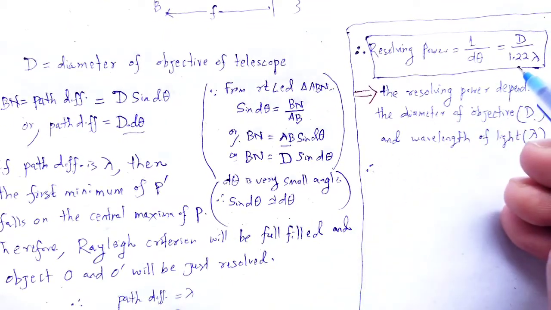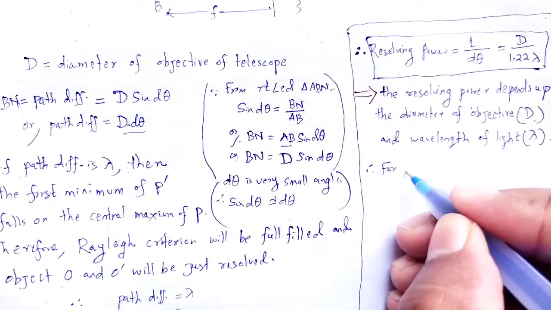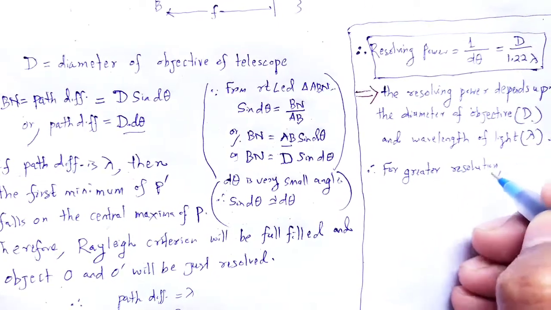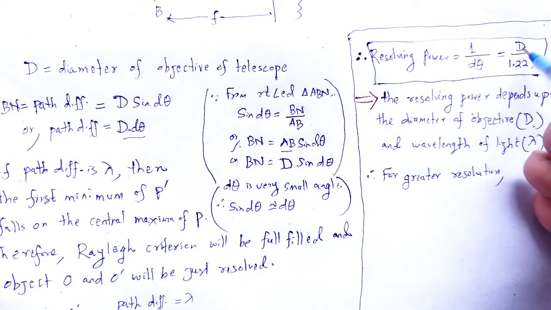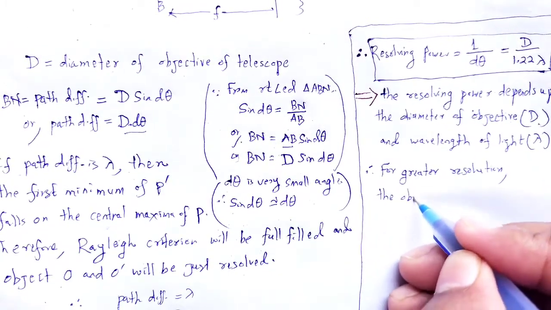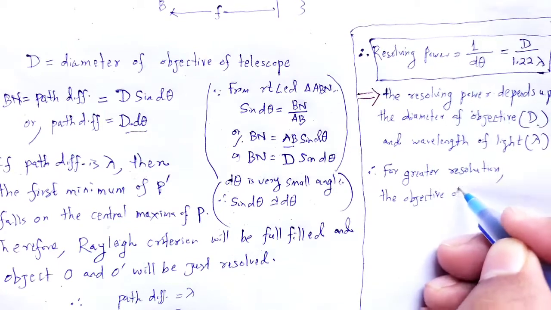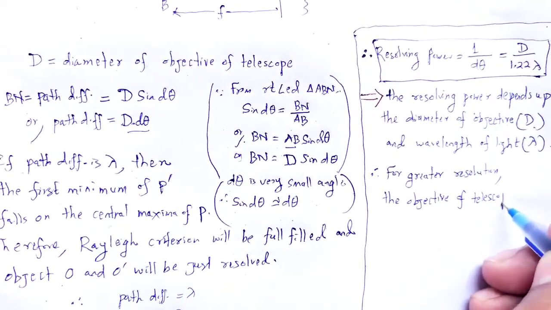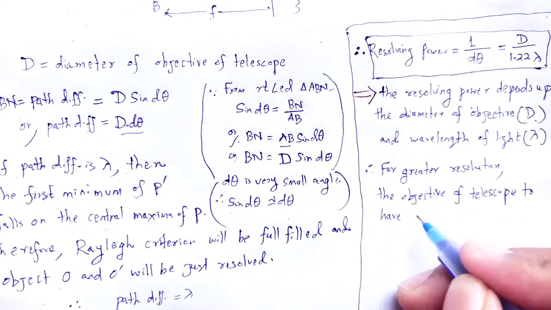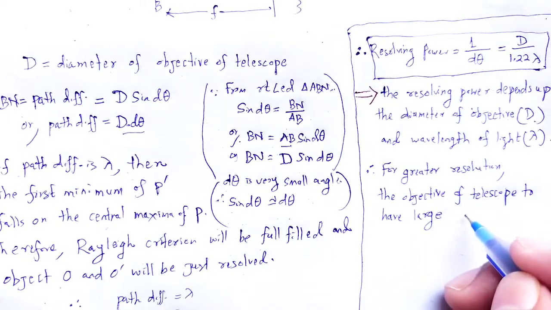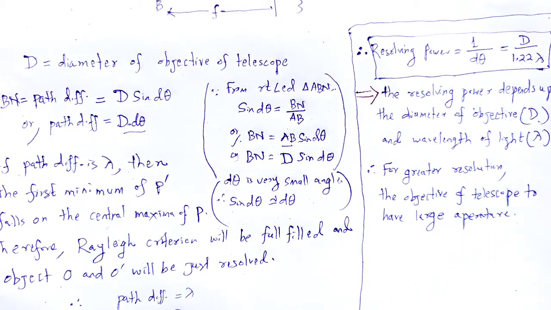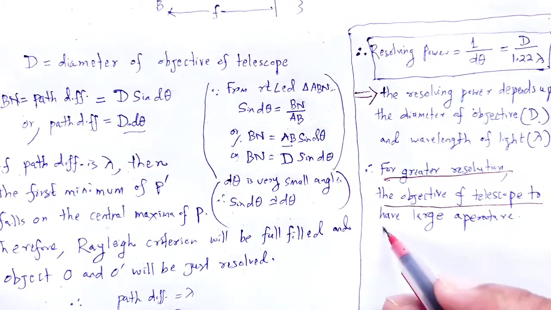Therefore, for greater resolution, the objective of the telescope has to have a large aperture, that will be the diameter. For greater resolution, the objective of the telescope has to have a large aperture.